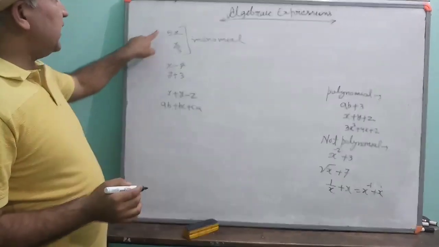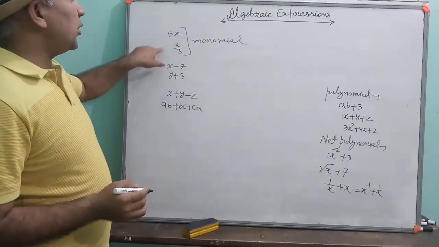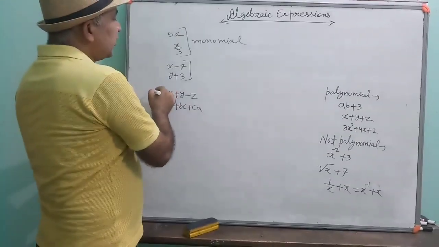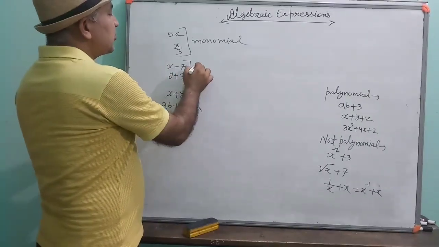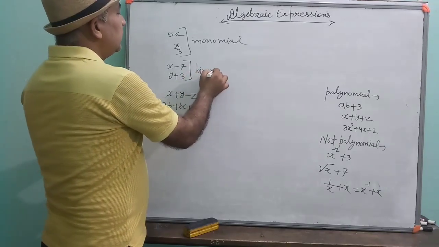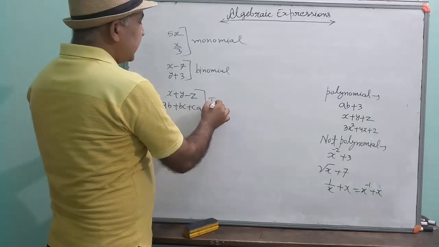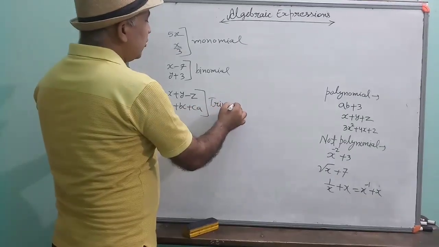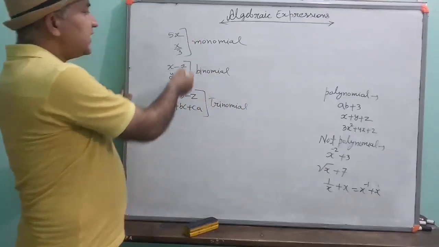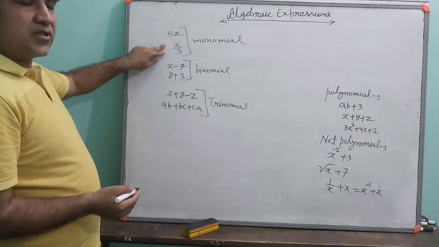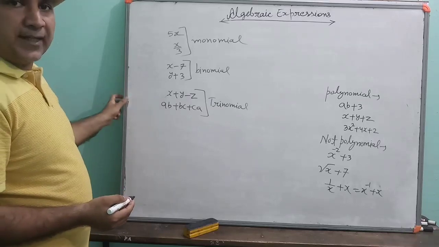Monomial. If there is only one term, that polynomial is called a monomial. If there are two terms, then that polynomial is called a binomial. If there are three terms, that is called a trinomial. All these are polynomials, but on the basis of the number of terms, we have given them separate names.